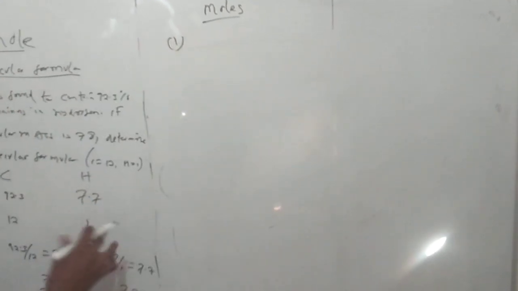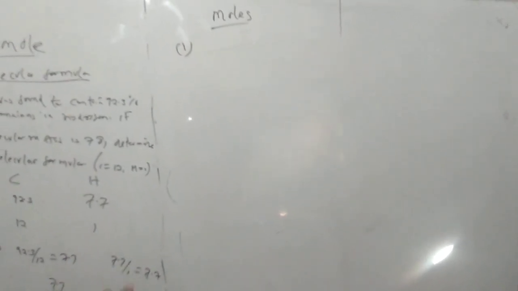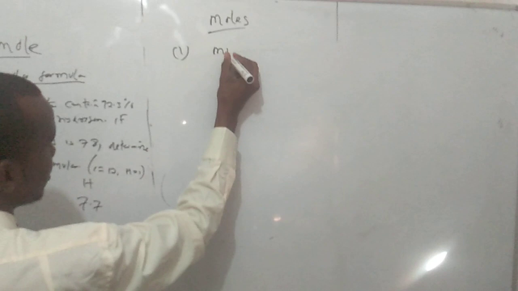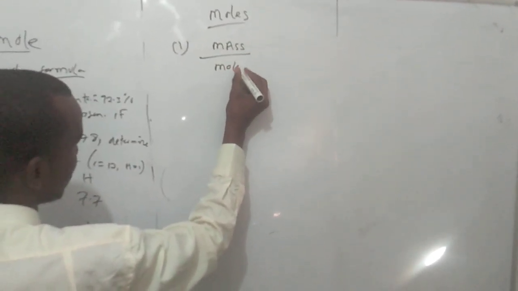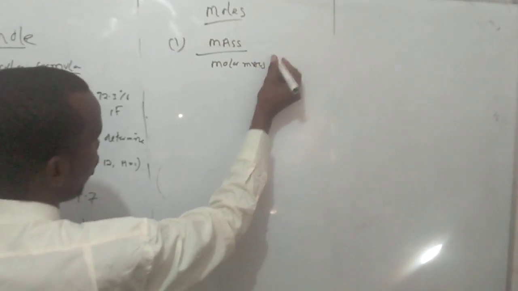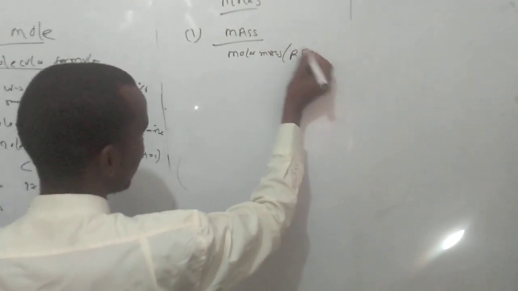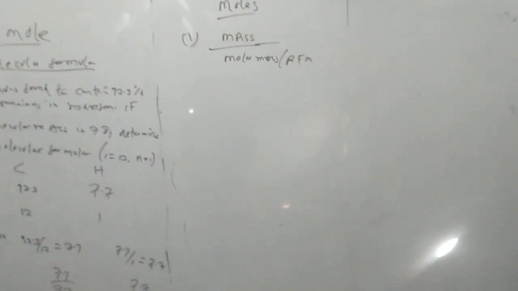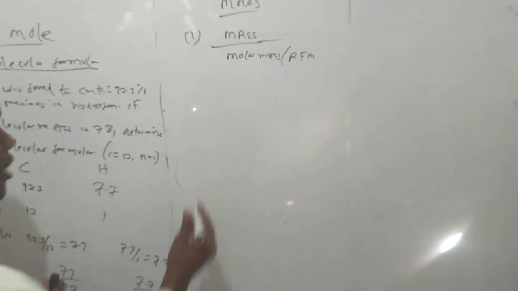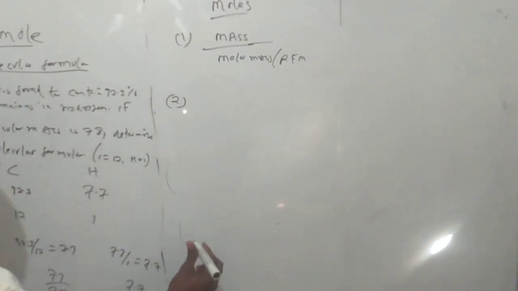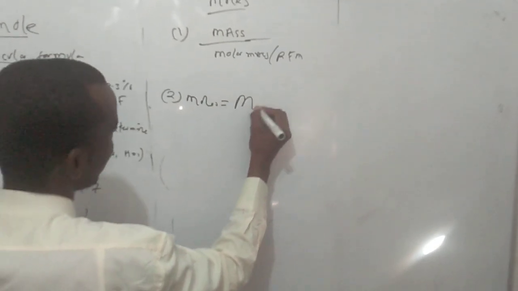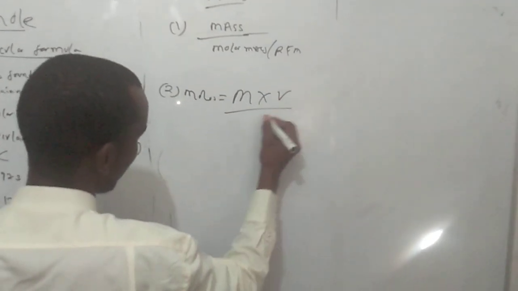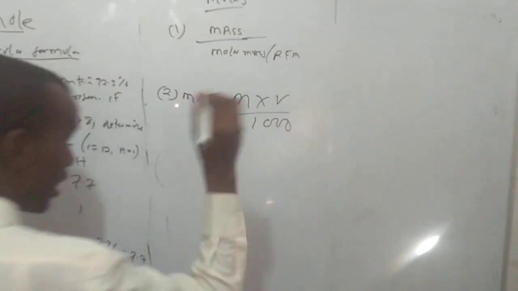The first is the one we have learned today. That is, moles is equal to mass over molar mass, or RFM. The other way we can get moles is moles equal to molarity times volume over 1,000.